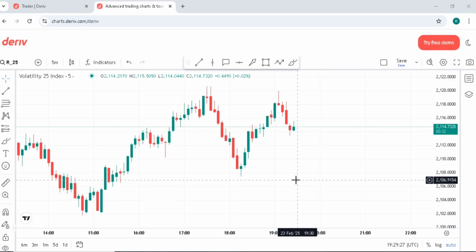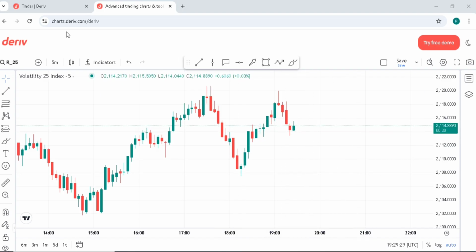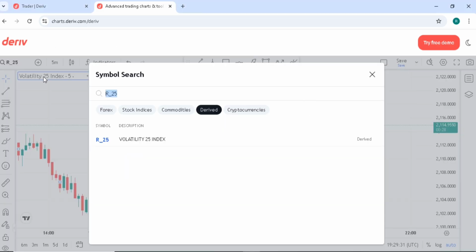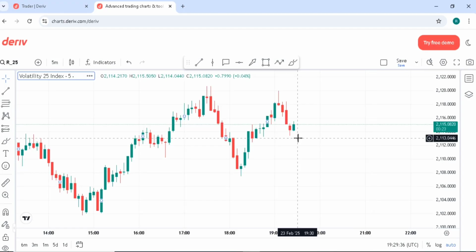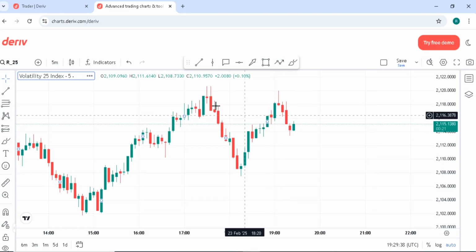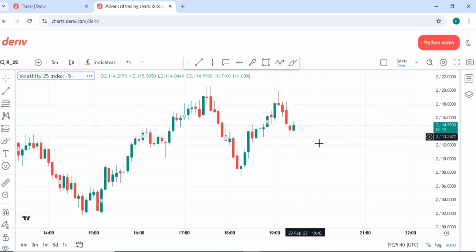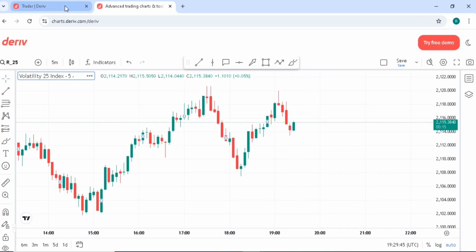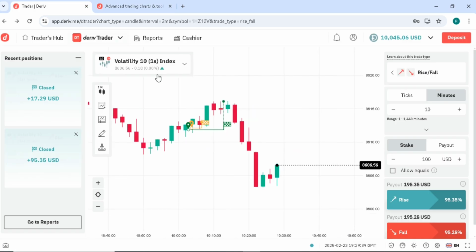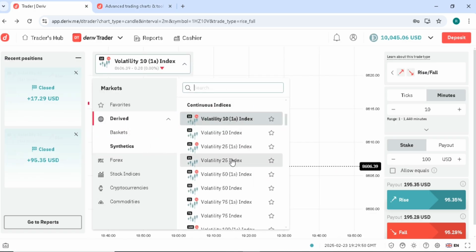Okay, so I'm looking at this market. This is a 25 index, 5 minutes time frame. It's almost also behaving like a bullish and curving, so let's wait for it.